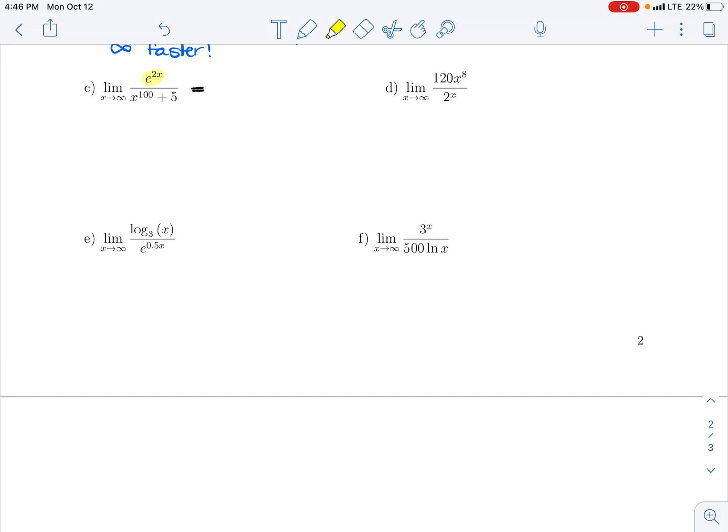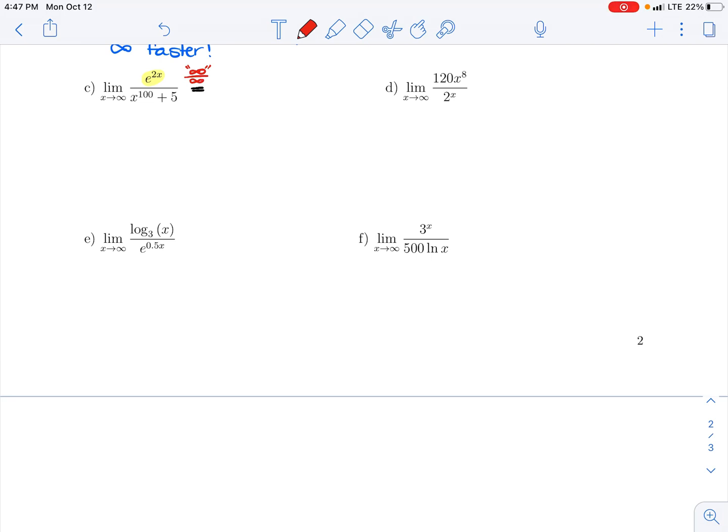Well, I see that this is a power function plus 5. All right, and so I know that my power function is approaching infinity as x approaches infinity, so that plus 5 isn't really going to do anything in terms of my answer. Or if I have infinity plus 5, that's still going to be infinity. And so here I have that this is still going to be my indeterminate form, infinity over infinity.